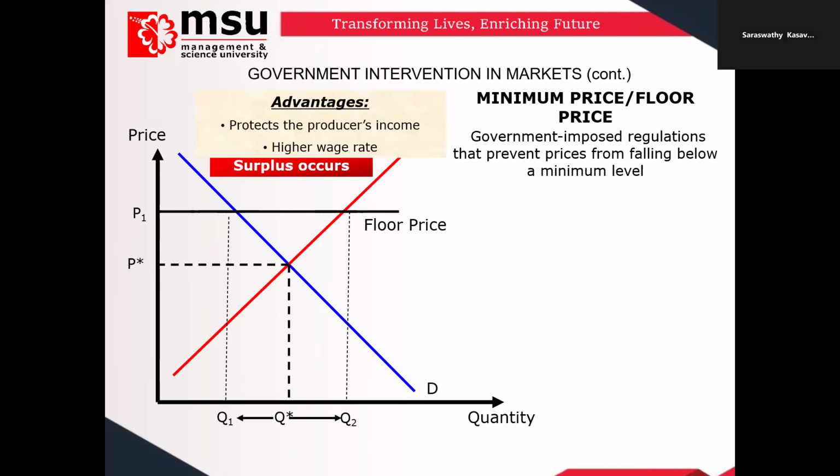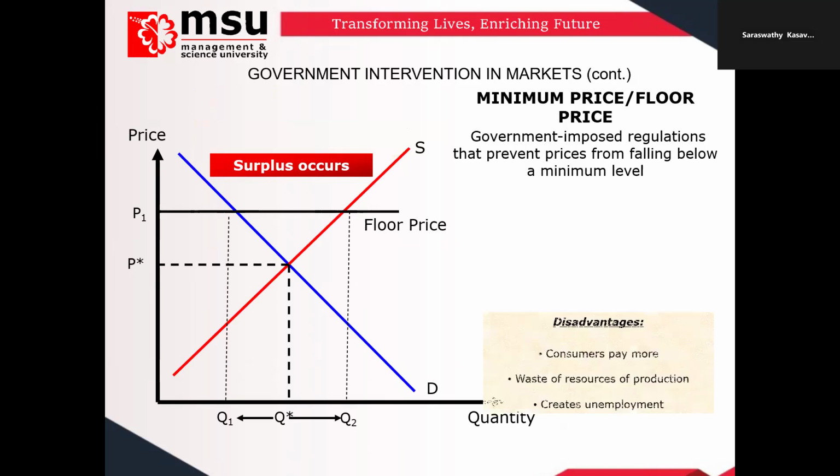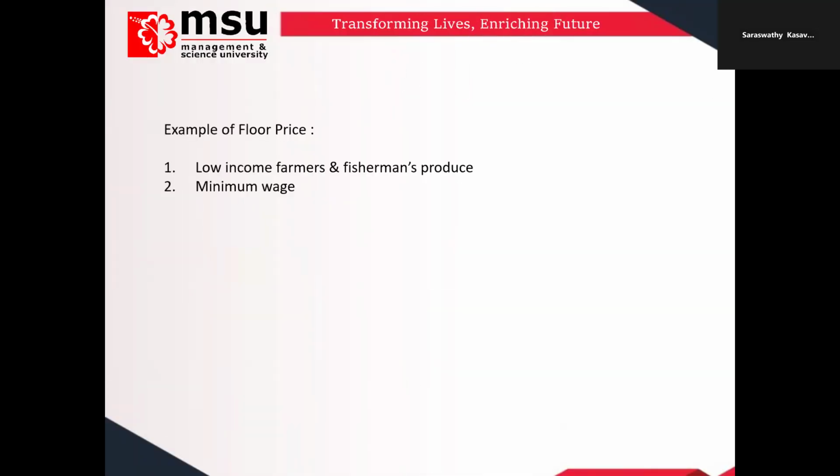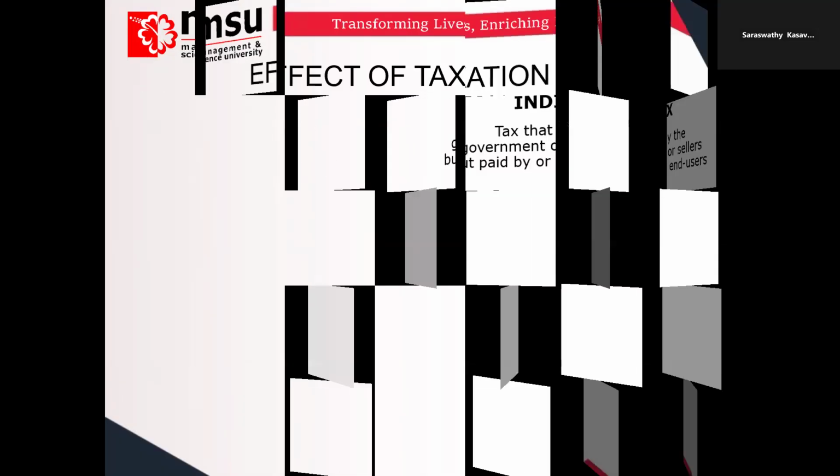It protects the producer's income and gives a higher wage rate. The disadvantage is that customers need to pay more and it creates unemployment. Examples of floor prices: low income farmers, fishermen, and minimum wages.